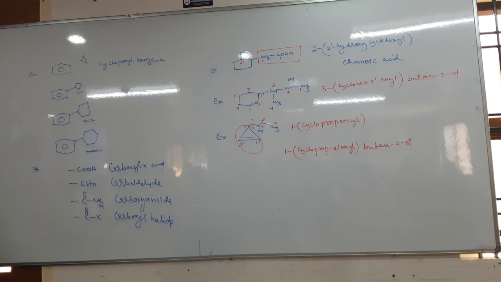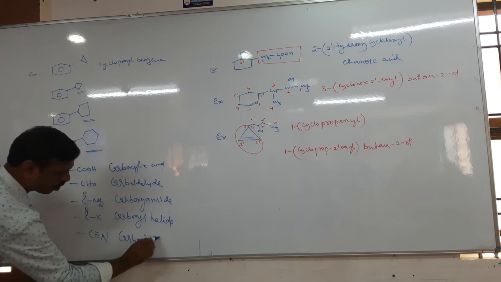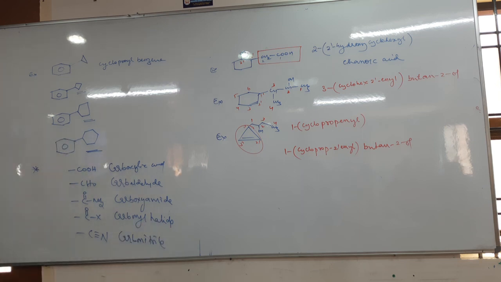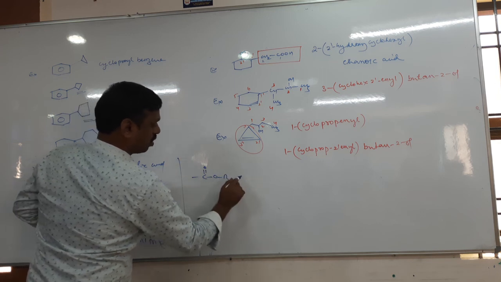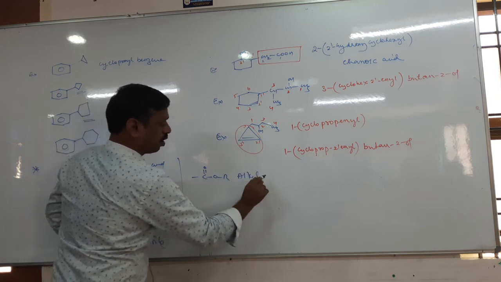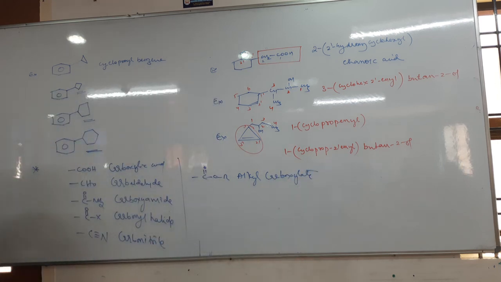Okay, then if it is a C triple bond N, it is a carbonitrile. Carbonitrile. And one more, the last one, if it is an ester, it is alkyl carboxylate. Alkyl carboxylate.